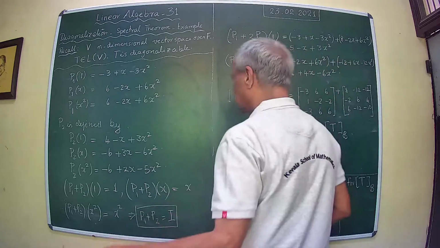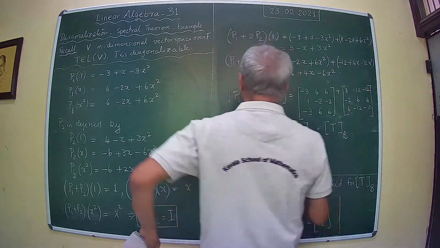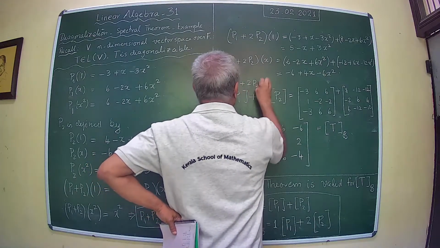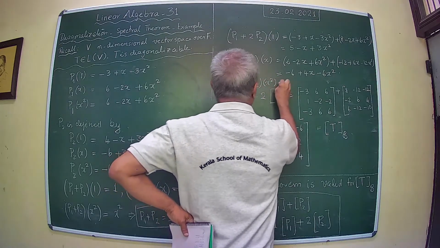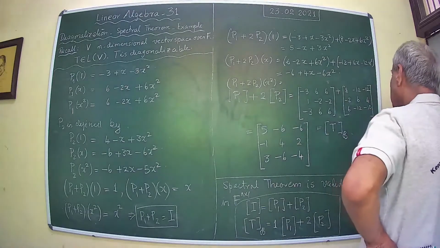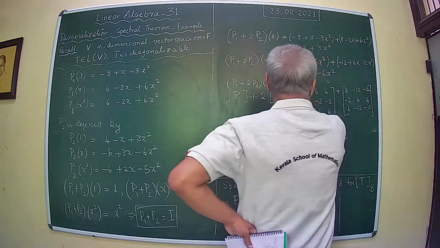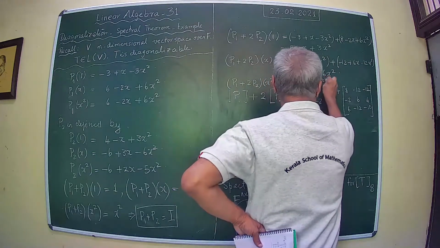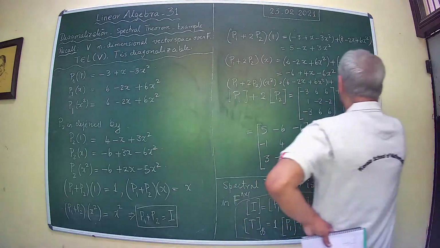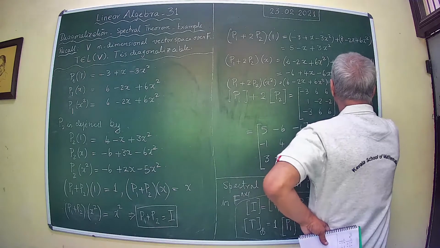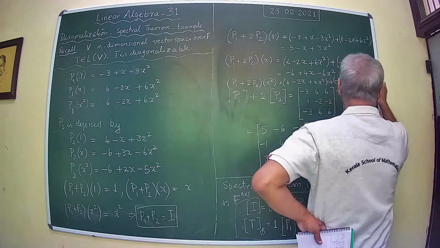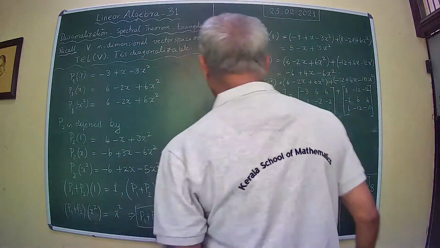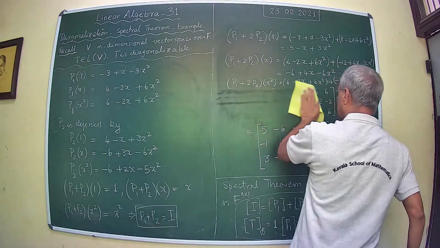Now we will write down what exactly this is. It is E1, this we write as 6 minus 2x plus 6x squared plus minus 12 plus 4x minus 10 squared, and that gives the computation.